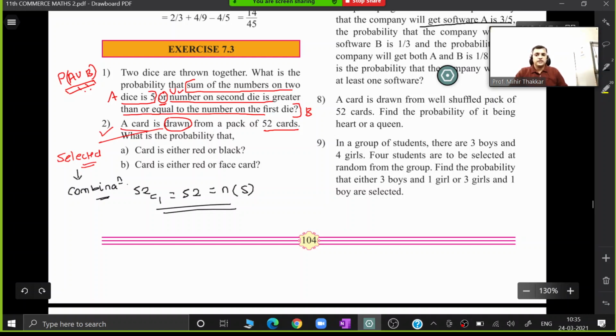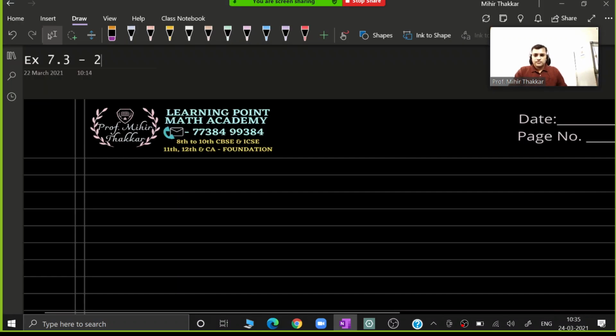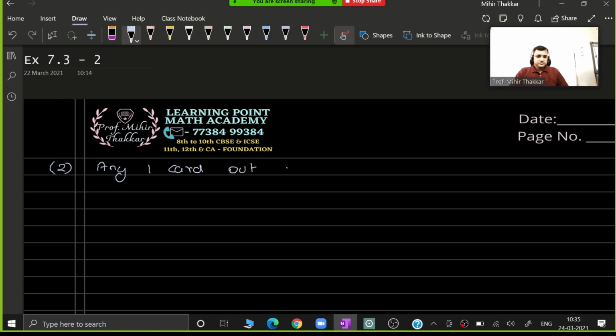After getting n of s, we'll see what are the other values over here. So let us first of all write down n of s. We will say any one card out of 52 can be selected in 52C1 ways, and hence your n of s is equal to 52C1, which is actually equal to 52.